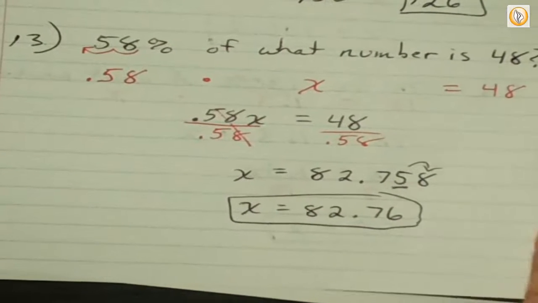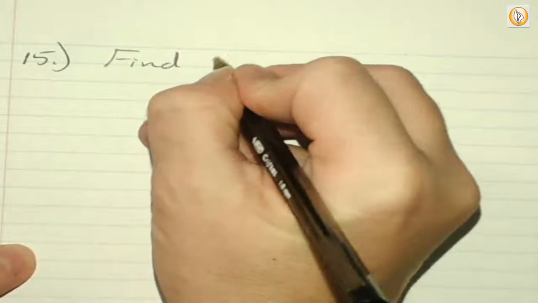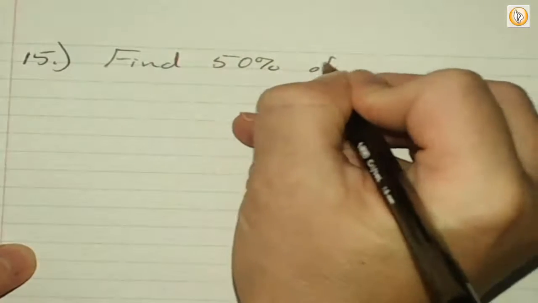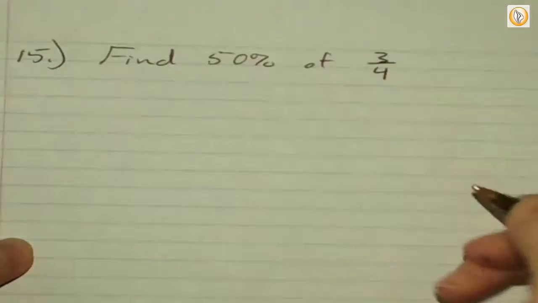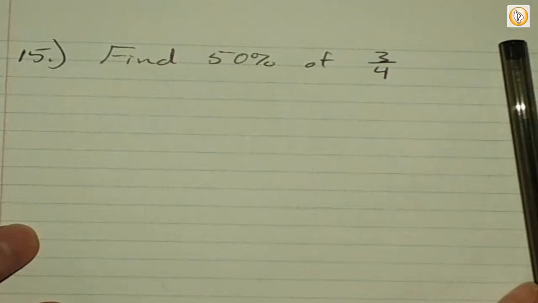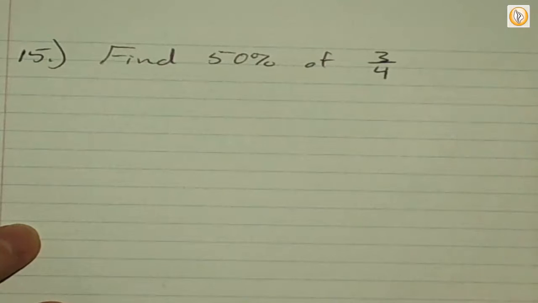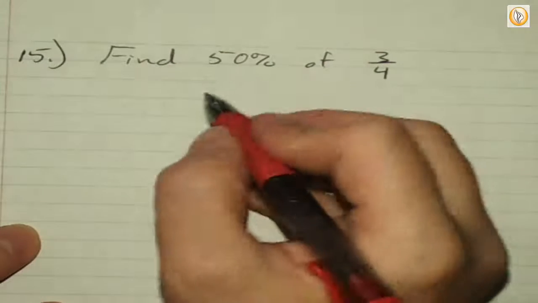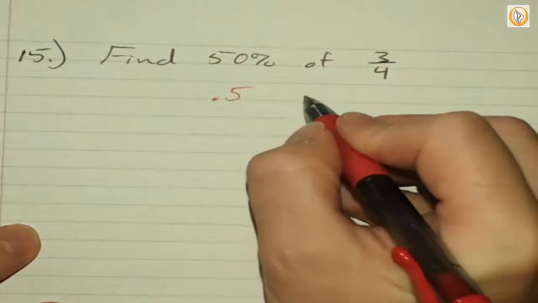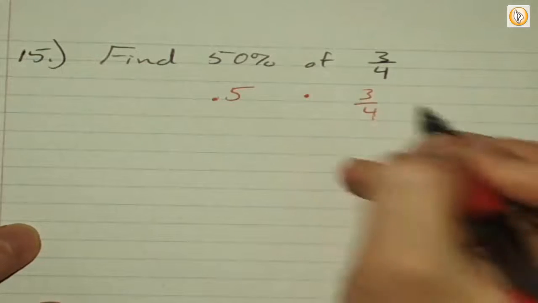I got one more for you. Cecilia, do you have this? 15, and then I'll set you free. Find 50% of 3/4. Aiden. You would change 50% to 0.5. Okay, so 0.5, of is times, and then 3/4, right?